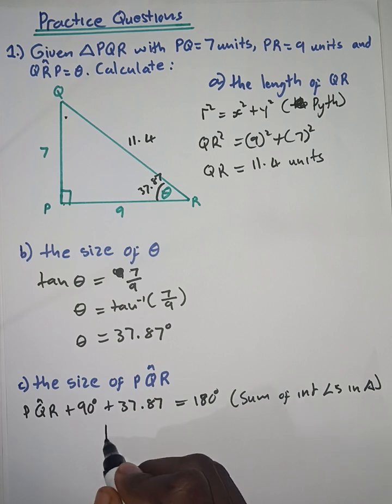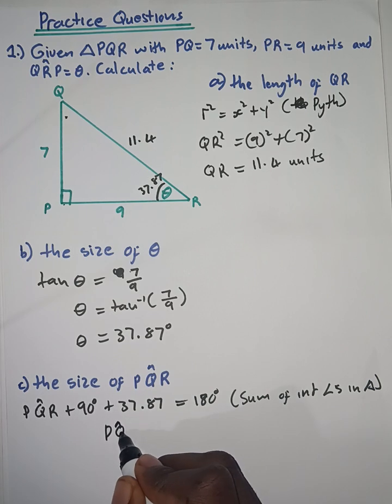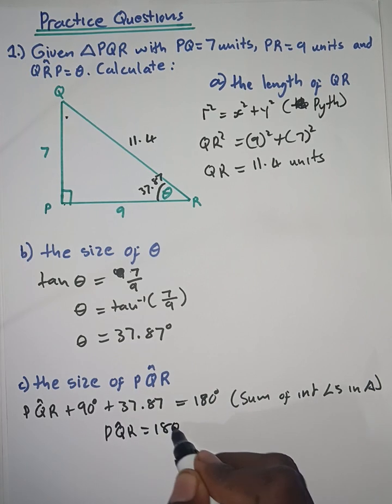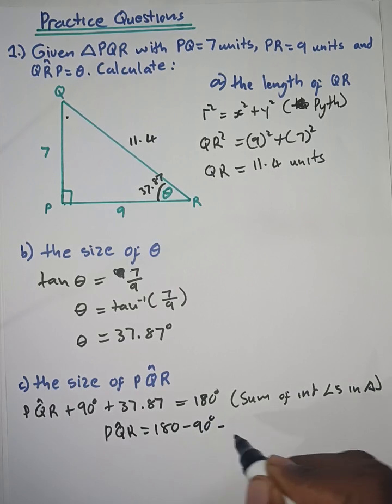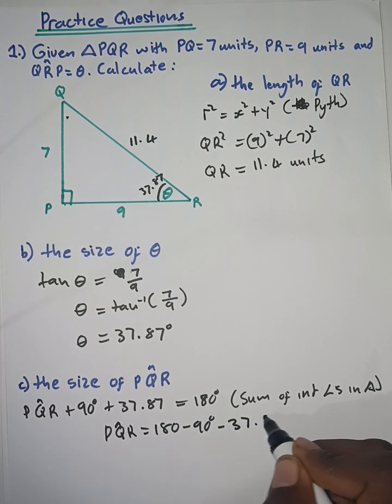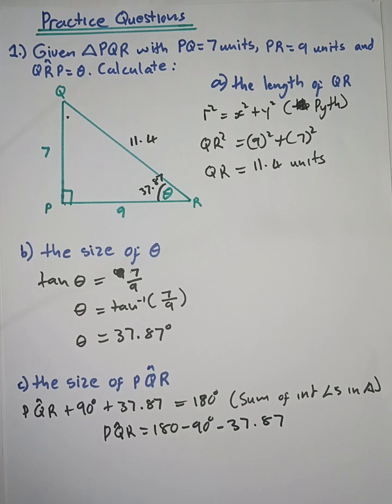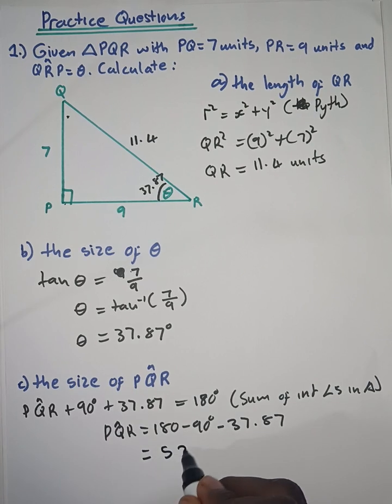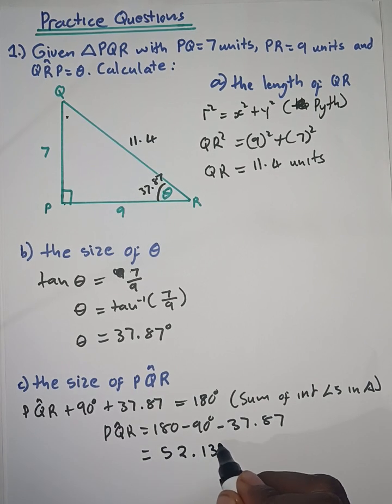So in this case, we know that PQR would be 180 minus 90 minus 37.87, and if you put that on your calculator, so that would be 90 minus 37.87, what you're going to get is that angle there will be 52.13 degrees.